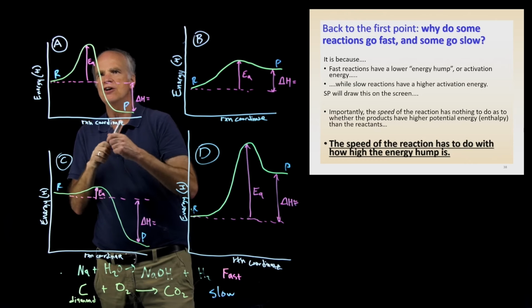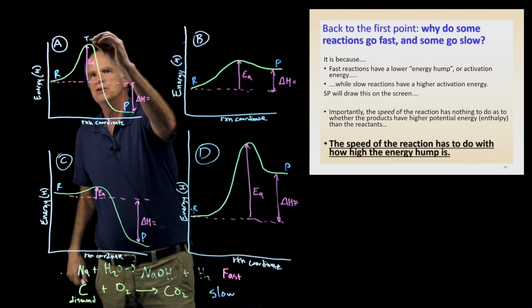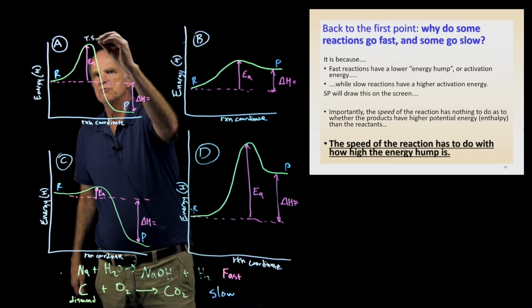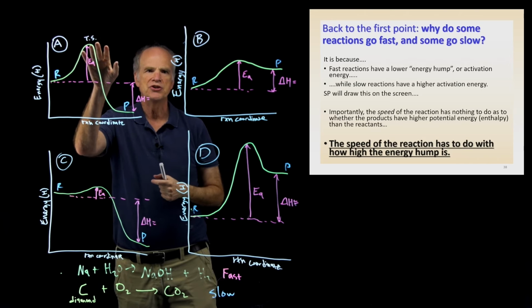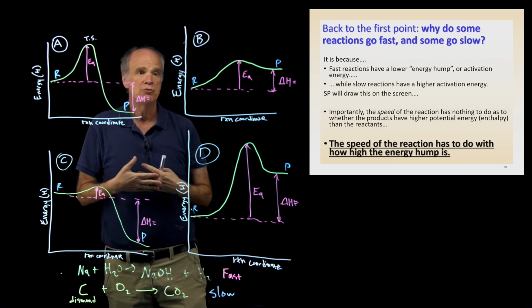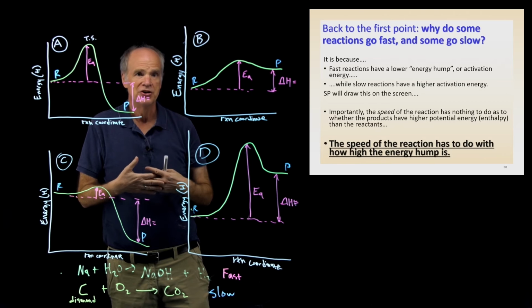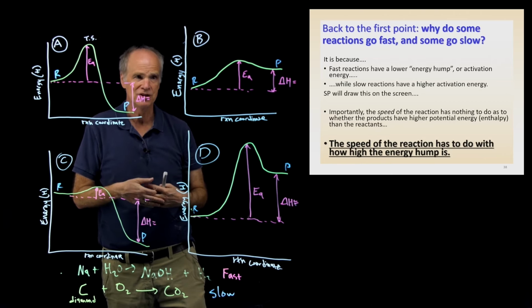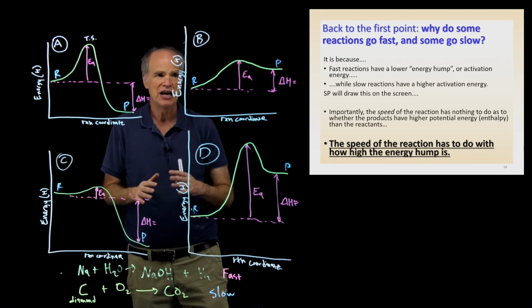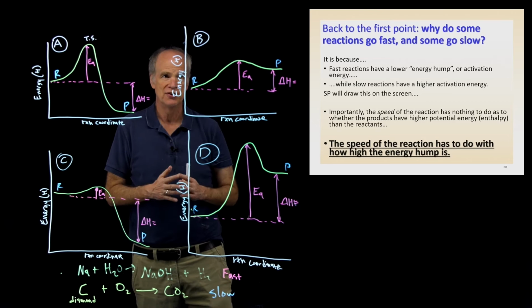You will recall that at the top of the hump is the transition state, which I'm abbreviating T.S. You'll have to remember that the transition state is where the reactant molecules are halfway in appearance to product molecules.